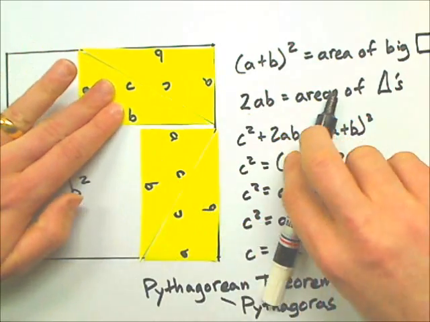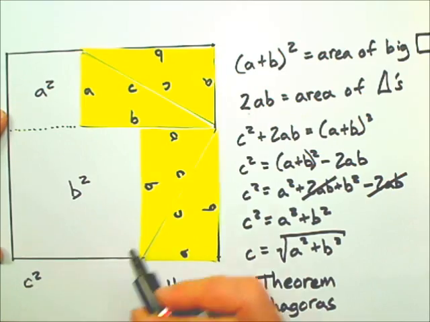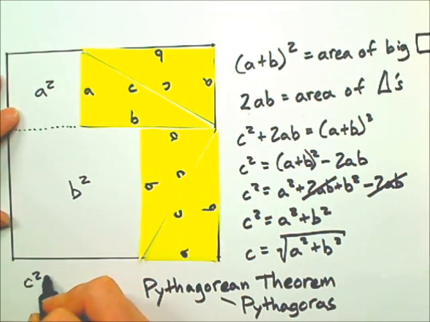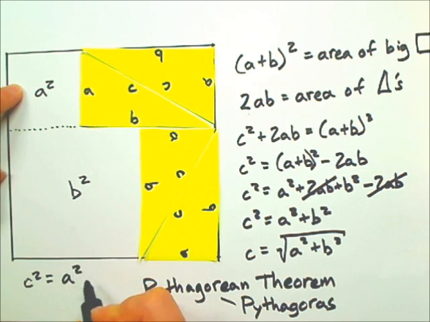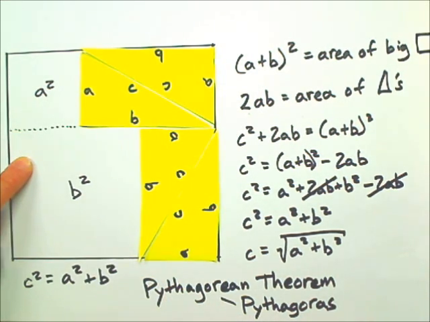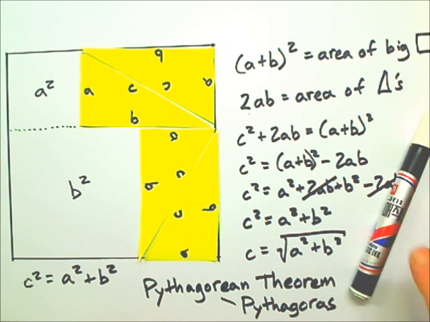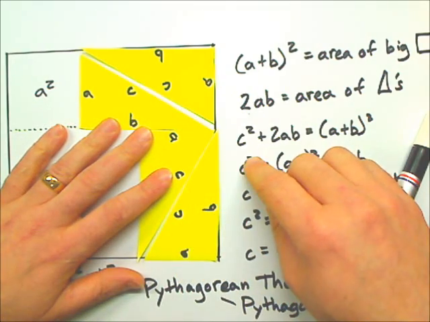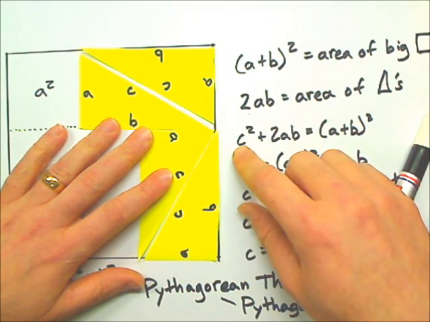So that means C squared, the area not covered by the yellow triangles, is equal to A squared plus B squared. You see? We get the same answer if we look at it this way. And this is just one of 90 or probably more than 100 different ways to prove it. Okie dokie. So this is a very handy thing to know about right triangles, and I'm sure it will be useful in the future if you remember it.